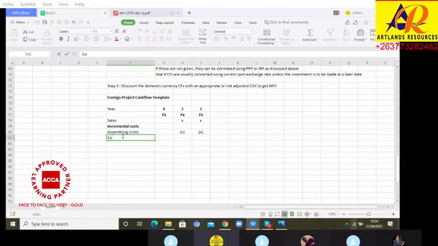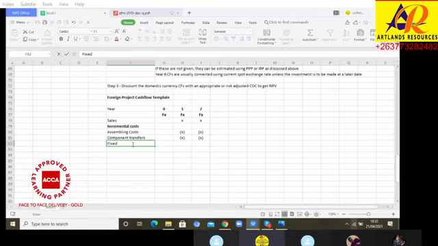Component transfers. Suppose you are transferring components from Zimbabwe to our Botswana project. Notice we convert the amount to Pula. Any incremental fixed costs, if there are any, we can take them out like this.